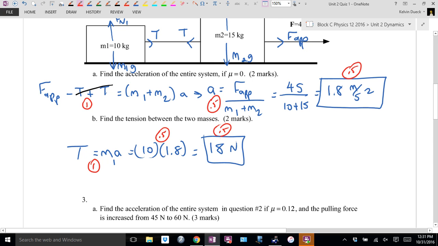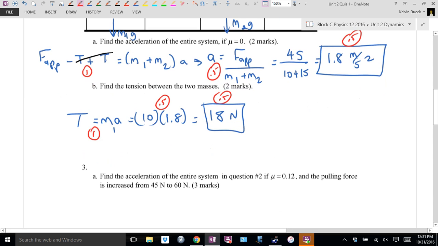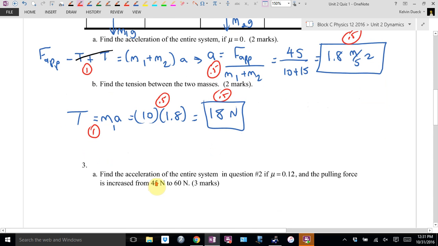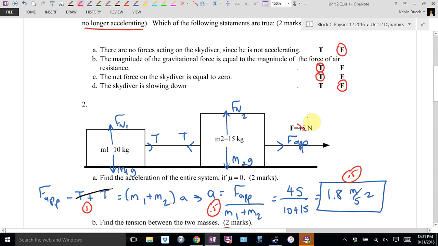Number 3 is the same as question number 2, except I included friction. And I said change the pulling force from 45 to 60 newtons. If you run the numbers with 45, you'll find it doesn't accelerate because friction is too big. But now there's friction, so now I would also have friction force number 1 and friction force number 2.